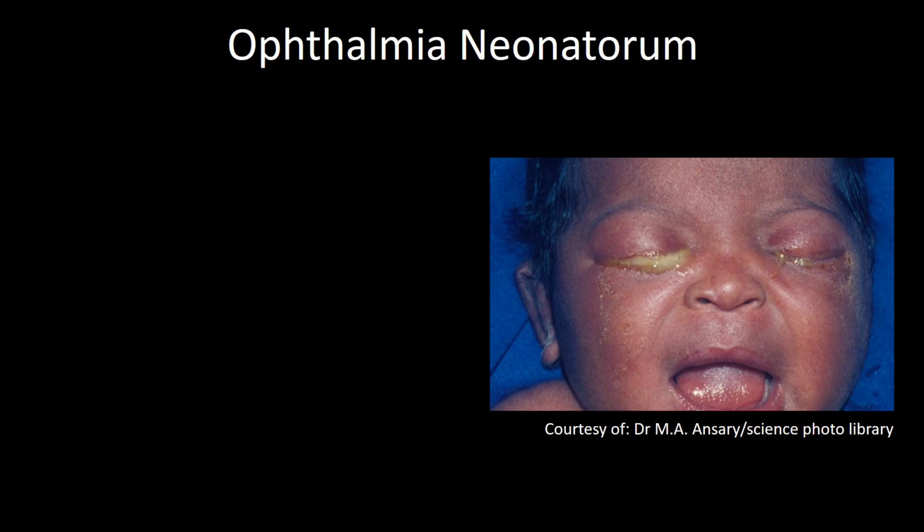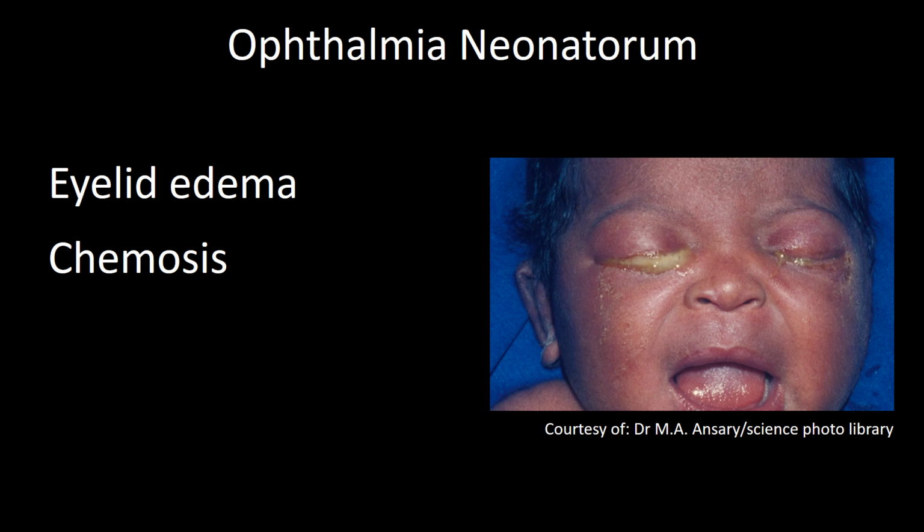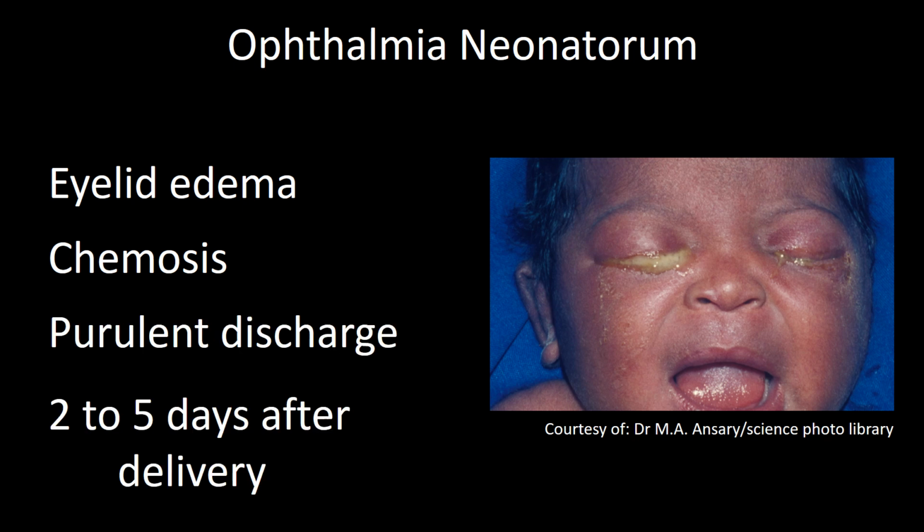The image you have been looking at in these prior frames corresponds to ophthalmia neonatorum due to gonorrhea infection. You can see eyelid edema. Patients with ophthalmia neonatorum also show chemosis or swelling of the conjunctiva and purulent discharge. In the case of ophthalmia neonatorum due to gonorrhea, symptoms usually develop 2 to 5 days after delivery.